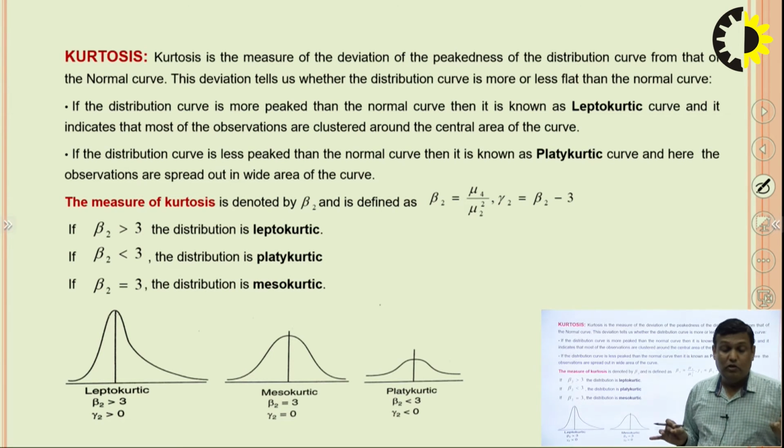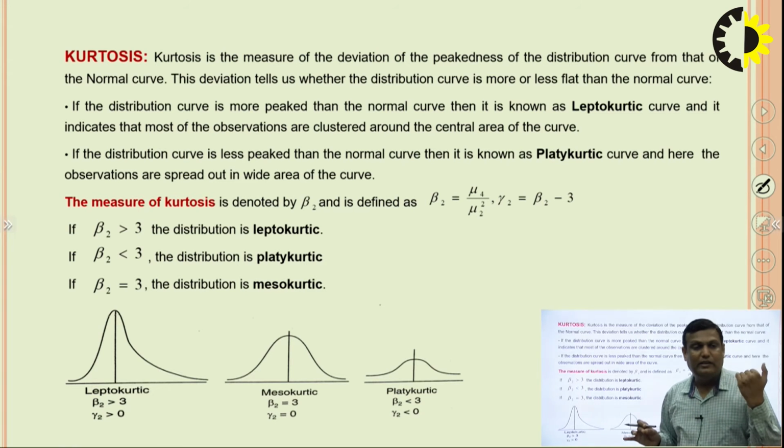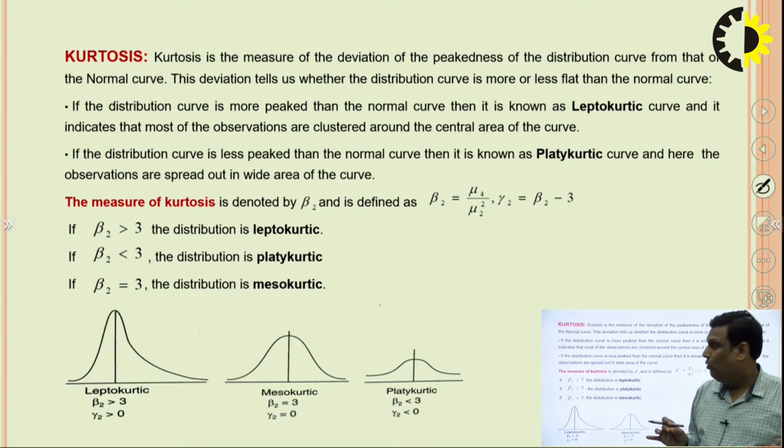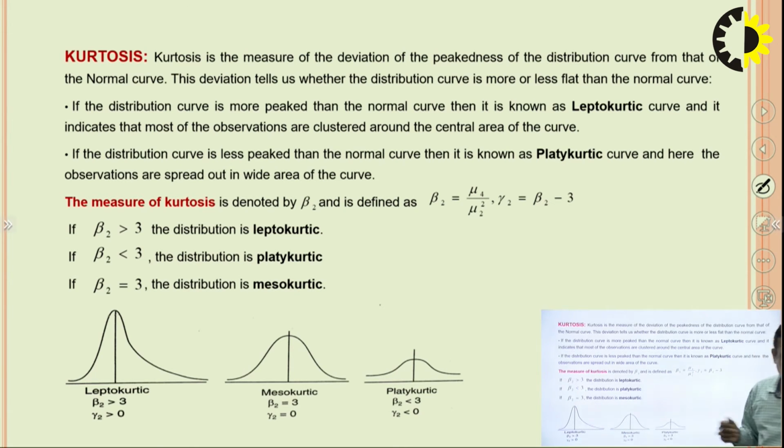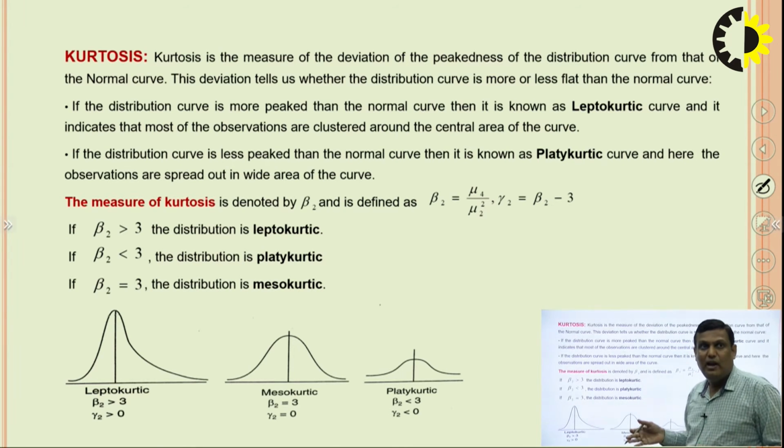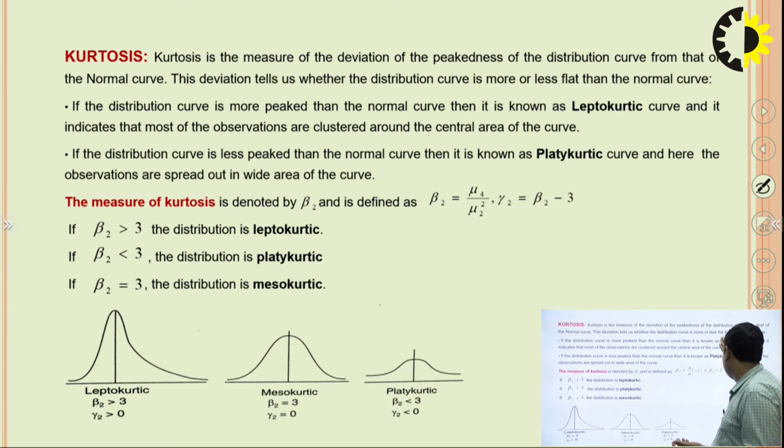Both skewness and kurtosis deal with symmetry and asymmetry: right to left, and height to bottom. So here height to bottom means peakedness, and kurtosis defines the measure of deviation of the peakedness of the distribution curve from that of the normal curve.